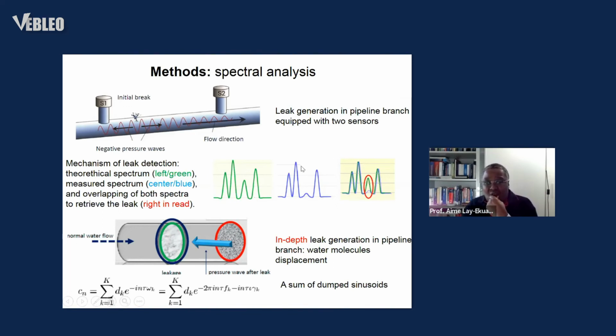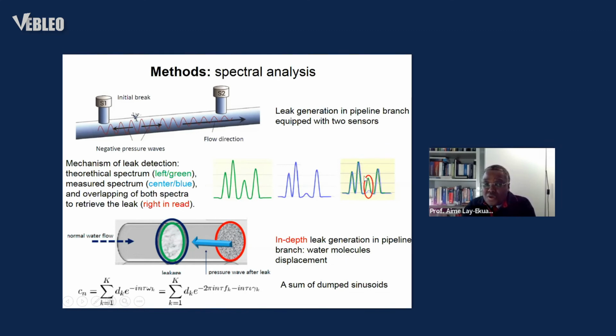This is the measured spectrum, detected by a sensor, and we make a comparison. We make the comparison between both signatures, the original we expect, and what we have detected by means of the pressure sensor put on the pipe.